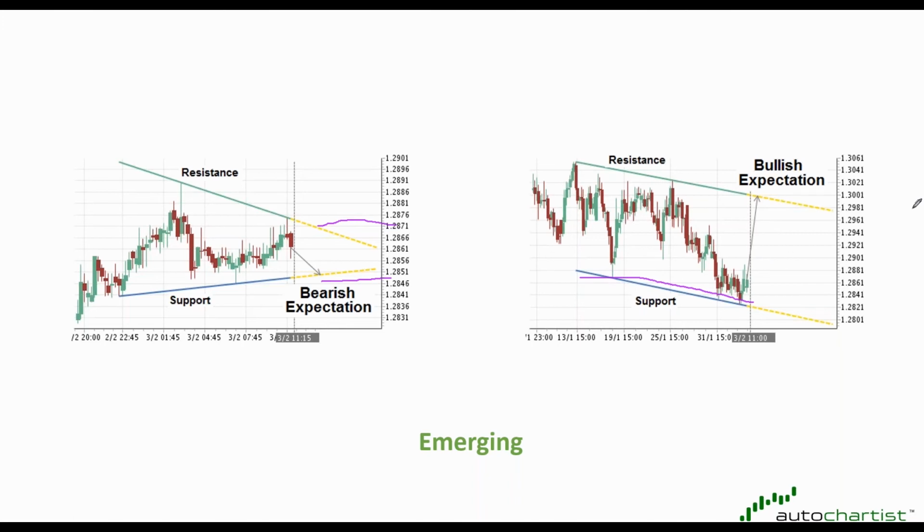Correct. And that's something that I was actually, you took the words right out of my mouth, because especially if I look at the chart on the left, the chart on the right, maybe I didn't pick the best example because there's still a lot of room between support and resistance. But the chart on the left, the first option strategy that comes to mind immediately is some kind of straddle, right? As you say, there is going to be a breakout.